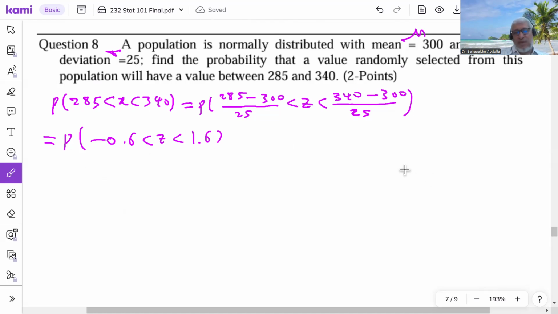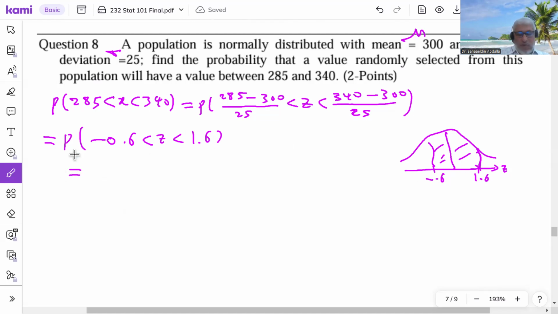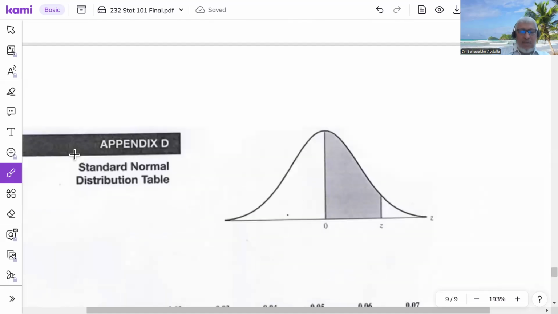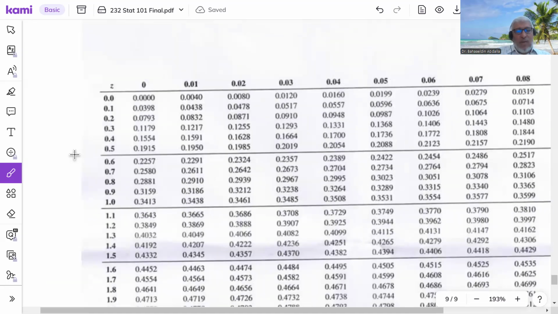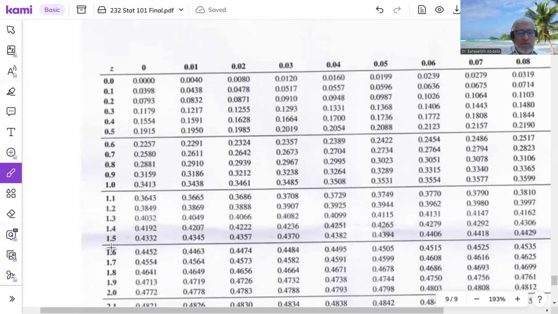Now to get this probability from the Z table, which we have, I need the probability from negative 0.6 to 1.6. So I need both this one and this one. So it's from 0 to 1.6 plus from 0 to 0.6. So I need to look at 0.6 and 1.6. Let us go to the table. 0.6 is 0.2257, plus 1.6, which is this one, 0.4452.